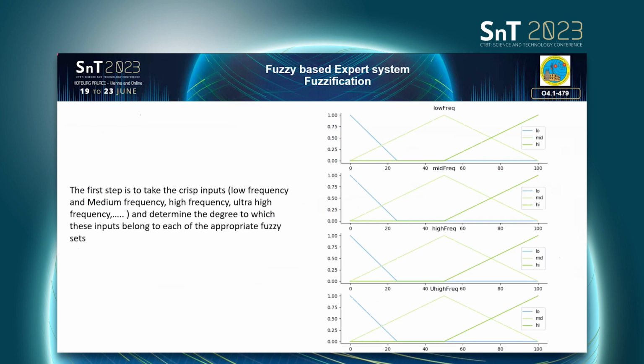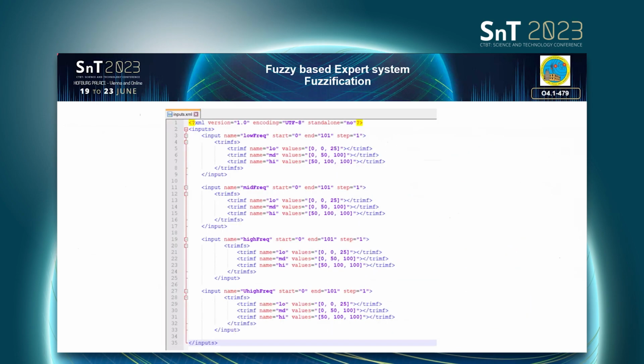This is the XML file that describes the fuzzification stage. It's an external file, so as I need to add more inputs, I can just modify this file, and I can also modify the start and end values of each set based on the expert opinion.